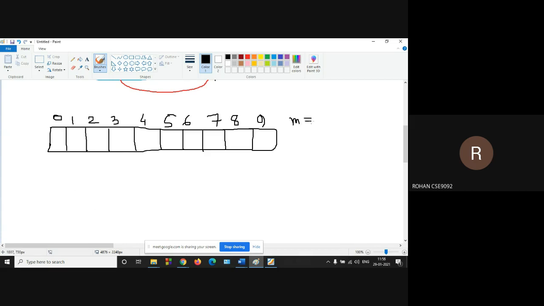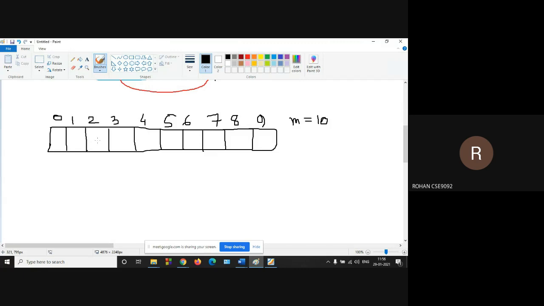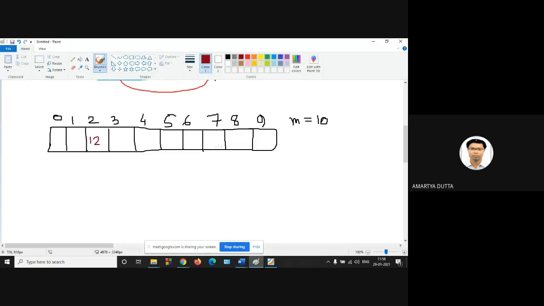It is given m is equal to 10. Next, the elements are given. 12. So for 12, what is the position for 12? So for 12, this will be 2. And also find out the number of collisions. Next one is 18. So 18 will be there.